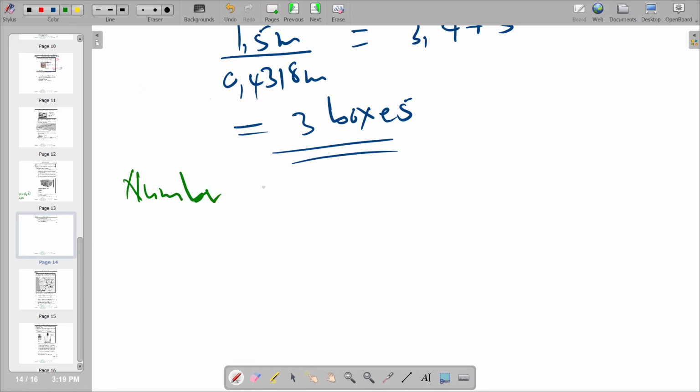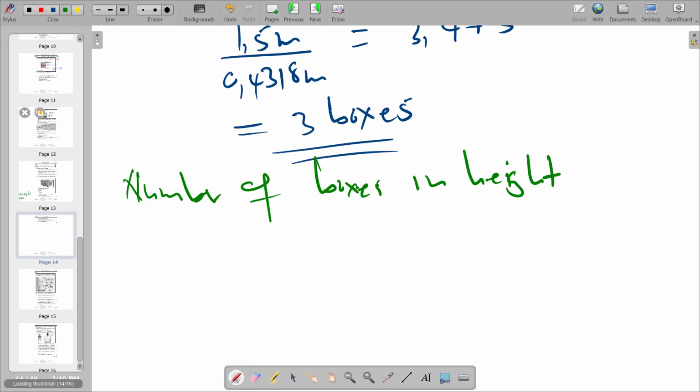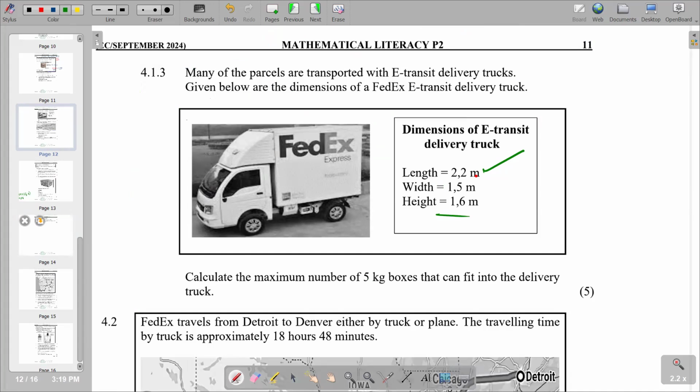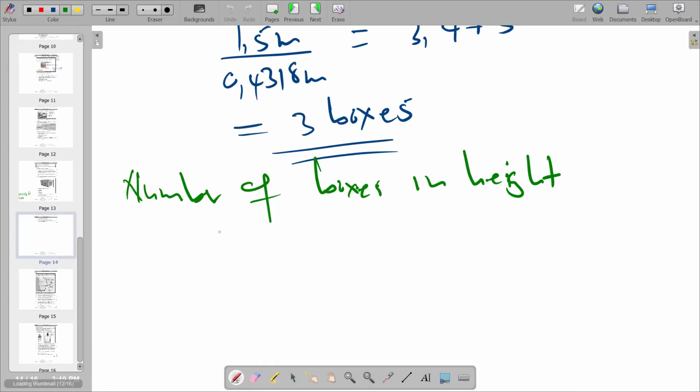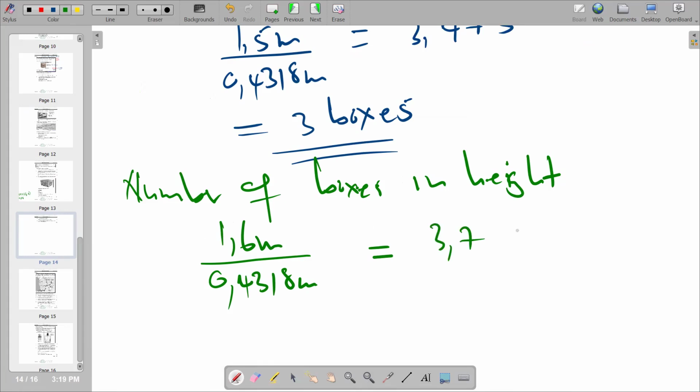We go to the last part, whereby we are saying number of boxes in height. The height that we have is 1.6 meters. So it's 1.6 meters, and we divide by the same, which is 0.4318 meters. We see that we are going to get 3.705.